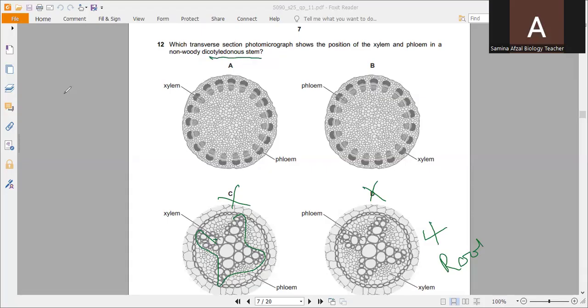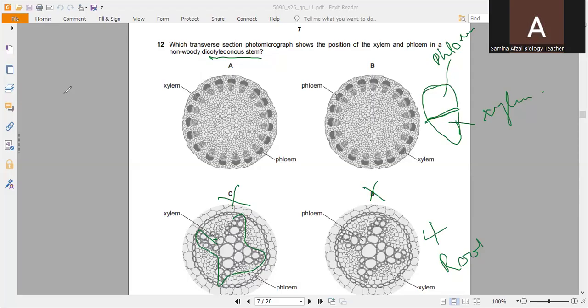So in a dicotyledonous stem, the phloem is outer, you can see the structure is in this way. Phloem, and this is xylem. Phloem is towards the epidermis, and xylem is towards the mesoderm.